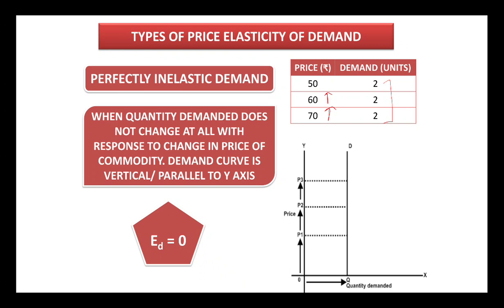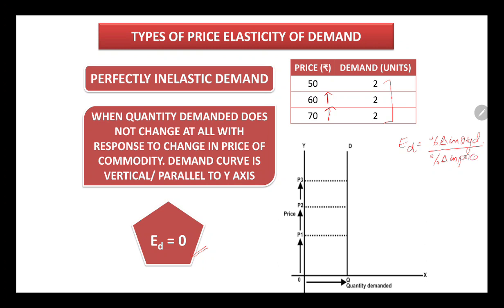In this particular scenario, what will be the elasticity of demand? It will be equal to 0. The reason is, we just studied that ED is the percentage change in the quantity demanded divided by the percentage change in the price.